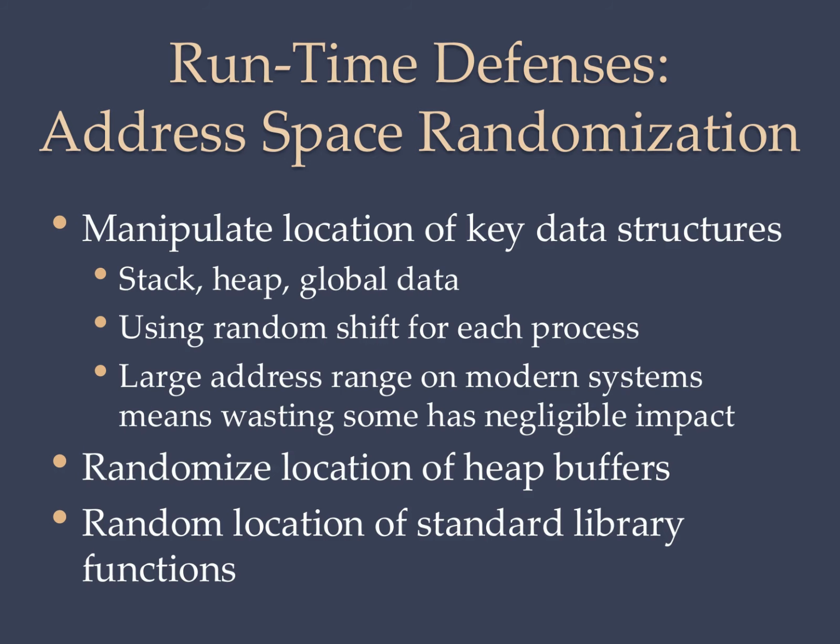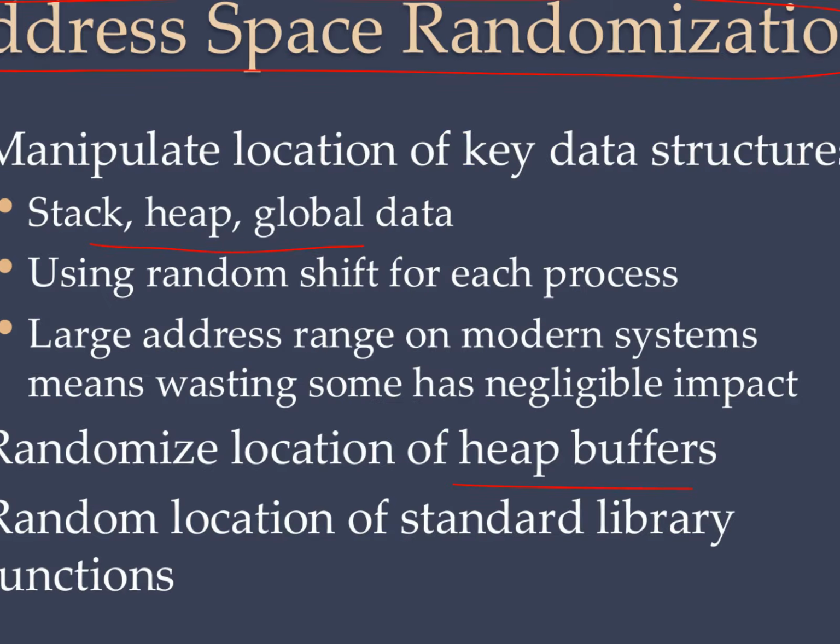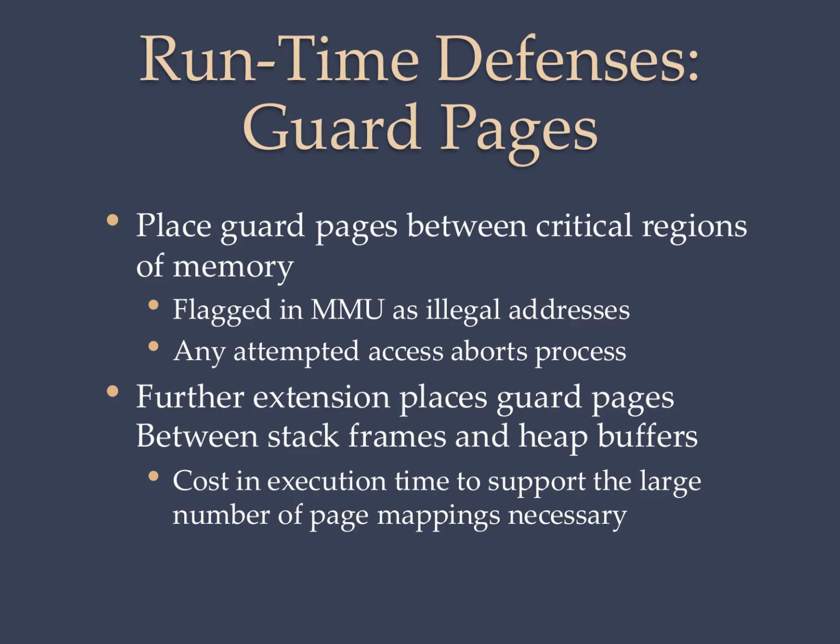And address space randomization, ASLR, as we have seen, is actually, instead of only the stack, the stack, heap and global data are all completely randomized. The heap buffer addresses are randomized, and the locations of the standard functions are also randomized, so that they can always be located in the running program by using those random variables.